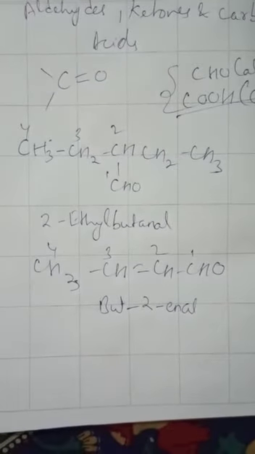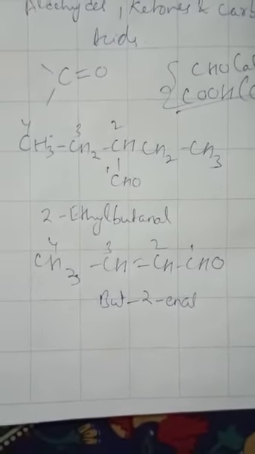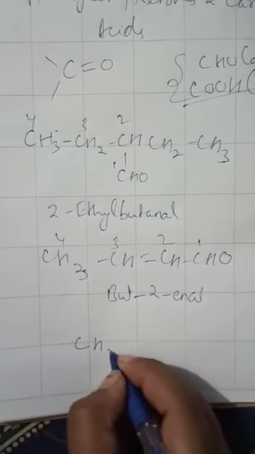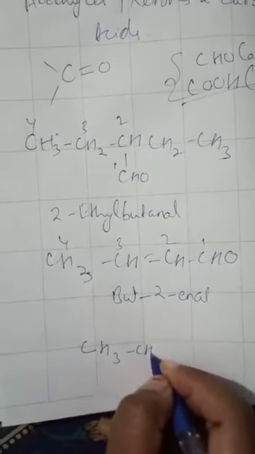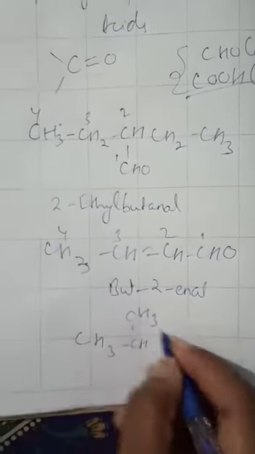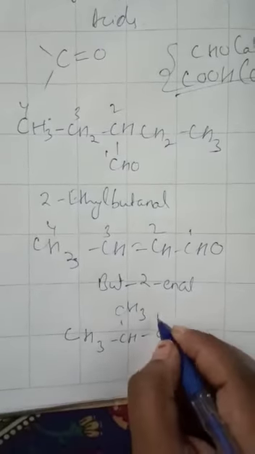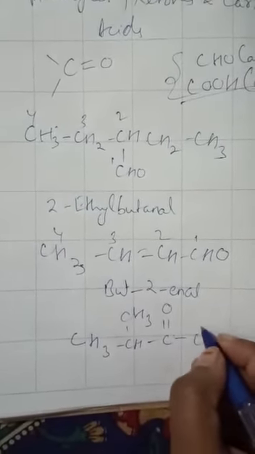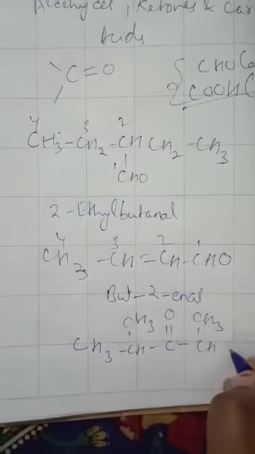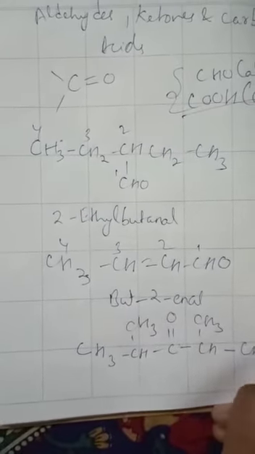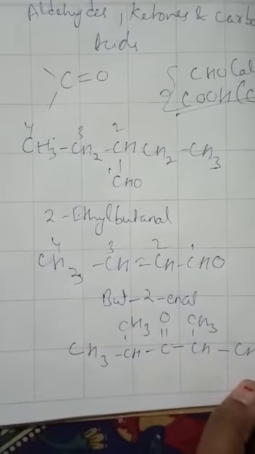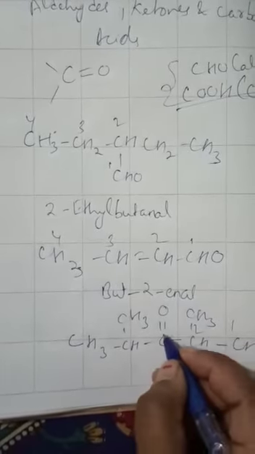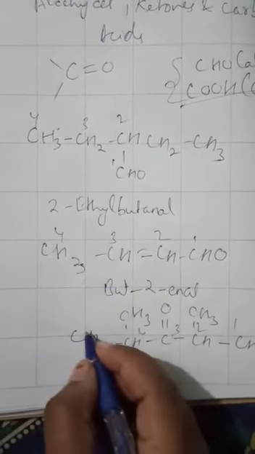For example, we have CH3, CH, CH3, C=O, then CH, CH3 and CH3. In this case we will start numbering from this side: 1, 2, 3, 4, 5.